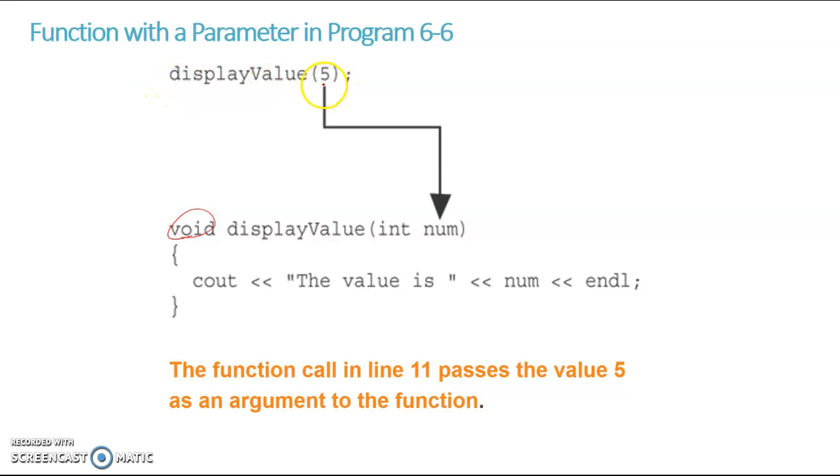So it is passing an integer value 5. And so num is going to represent that value of 5. And so num is then used in the function execution, passing it the 5, and it's going to print 5 to the screen.